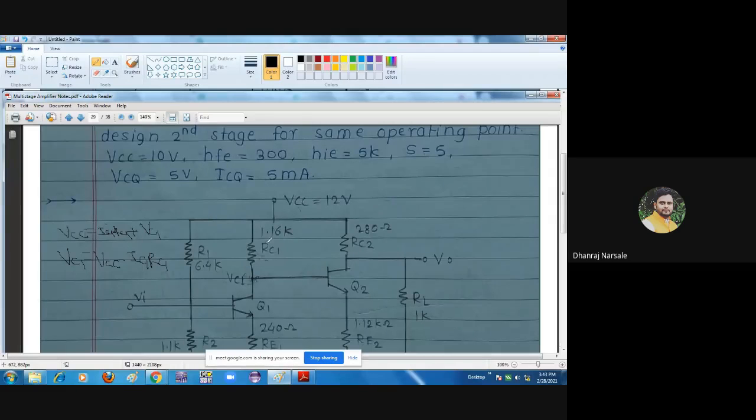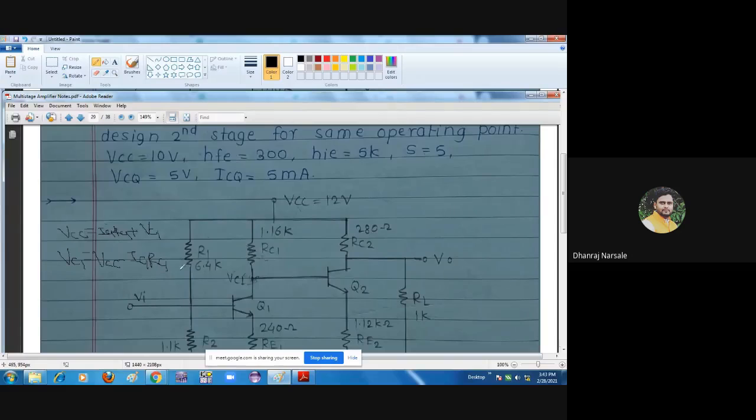RC1 किती आहे? 1.16 किलो ओम. पुट करा 12 minus 5 milliampere into 1.16 kilo ohm. What is the value of VC1? 6.2 volt. 6.2 volt आलं का? हा सर.